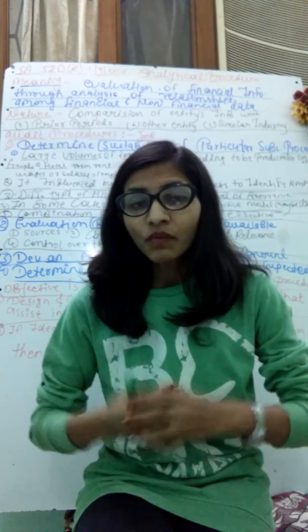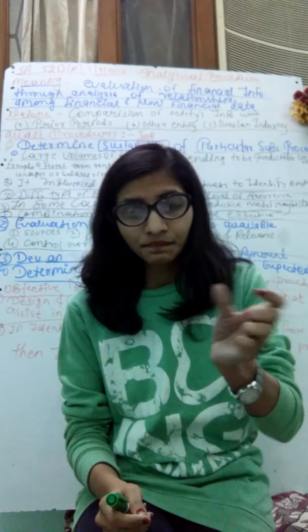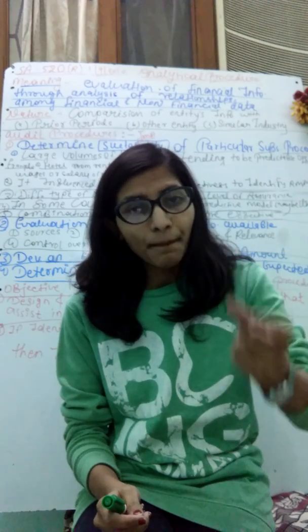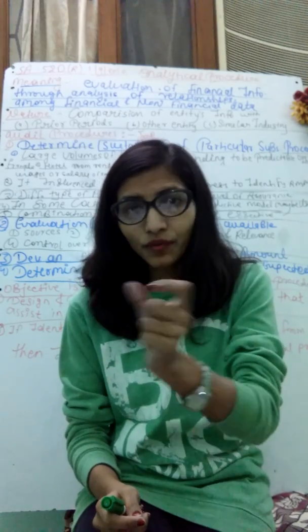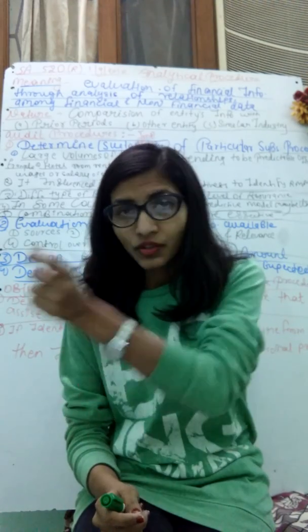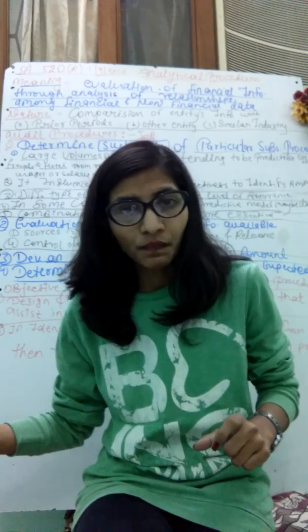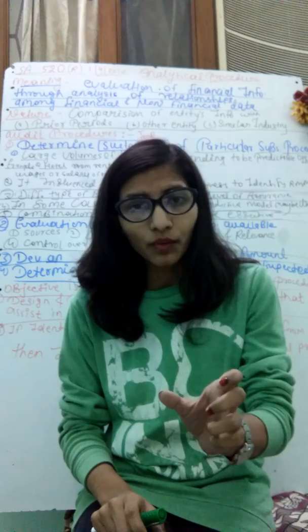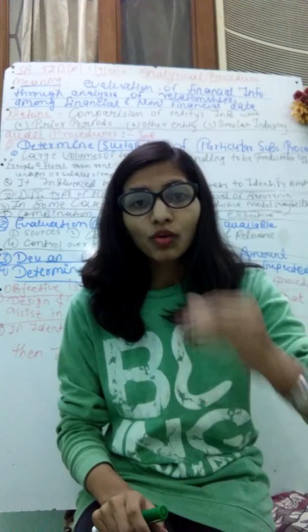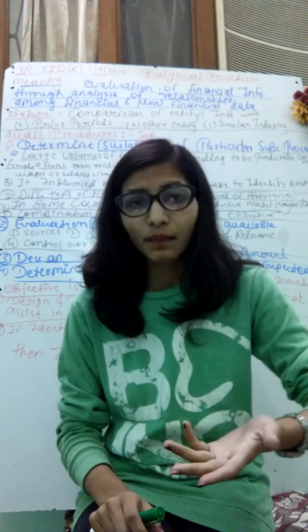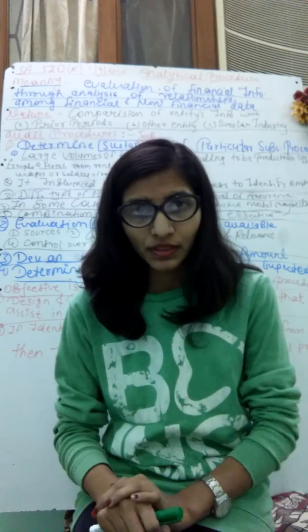What we do here, we calculate number of rooms multiplied by tariff rate multiplied by occupancy ratio, and we get an amount. This is the cross check of the rent amount by analytical procedure.